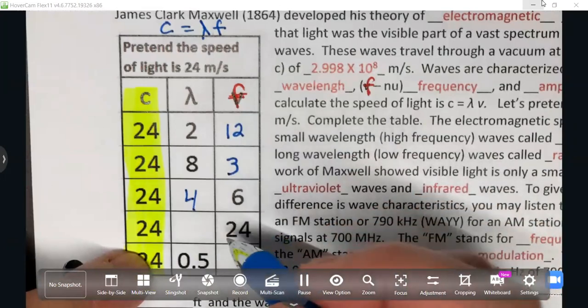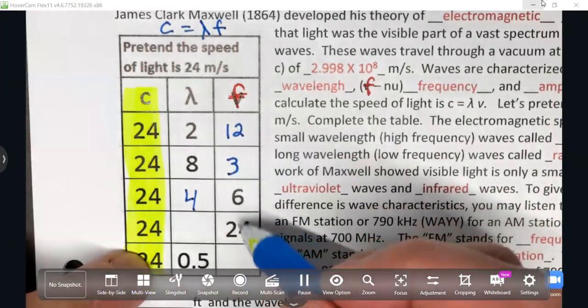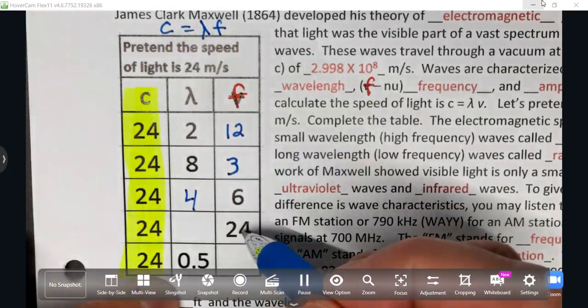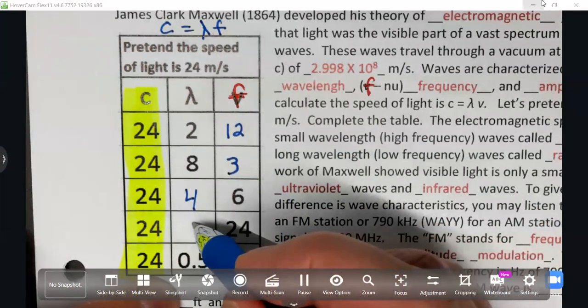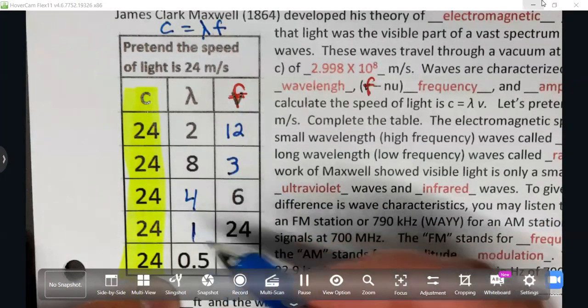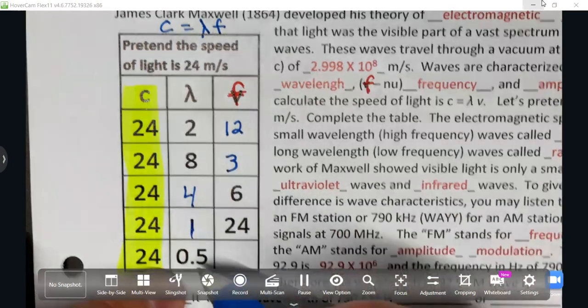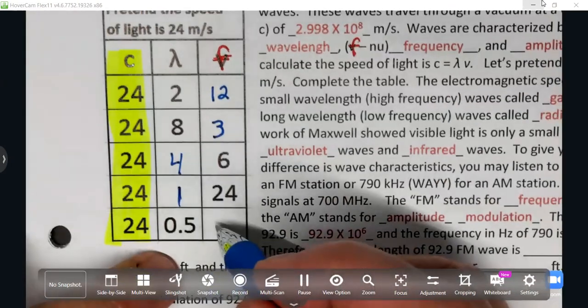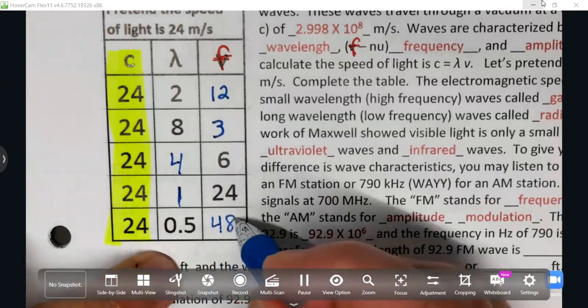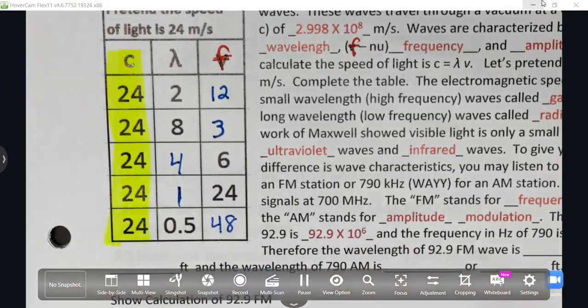These are opposites of each other. If your frequency goes up to 24, you better have those waves closer together. Your wavelength is going down to 1. And if your wavelength gets cut even more, your frequency is going to be at 48. Again, they have to work opposite.